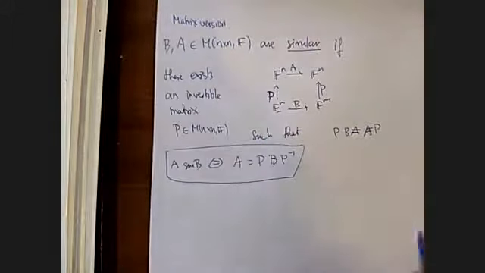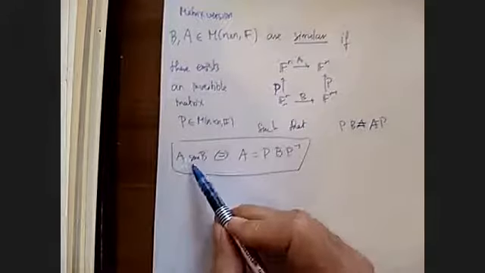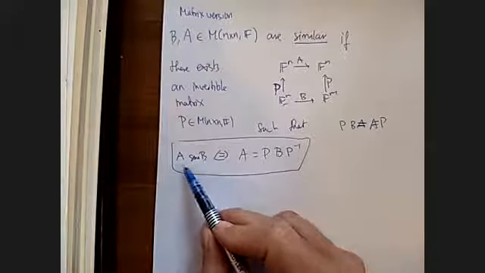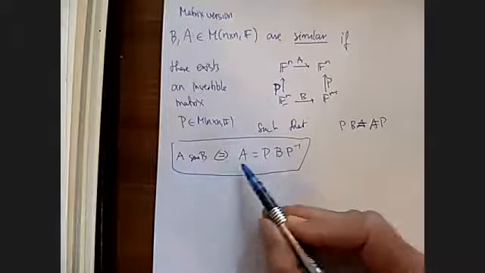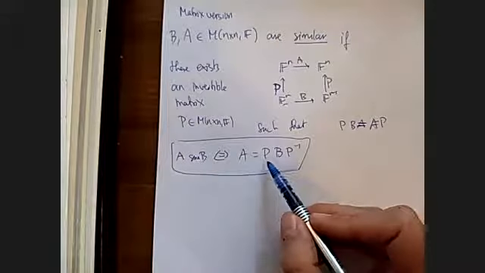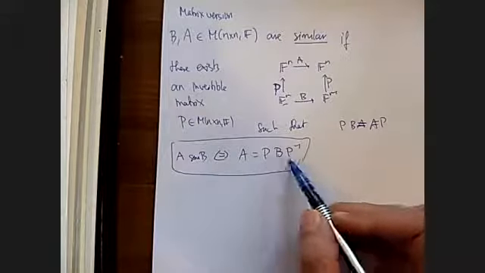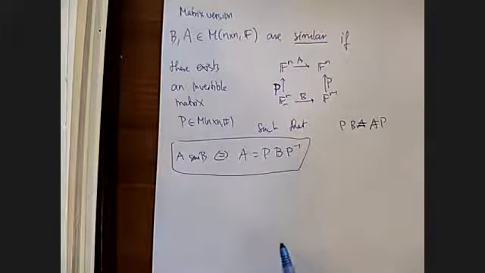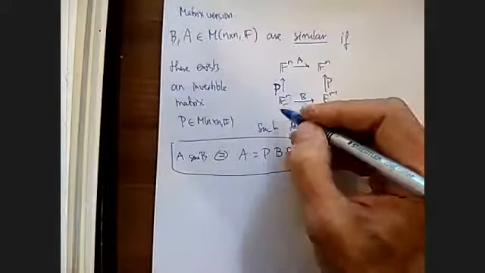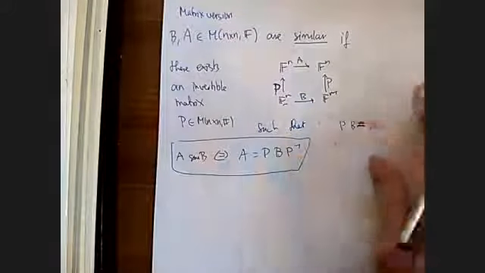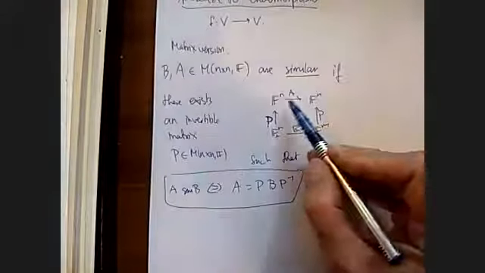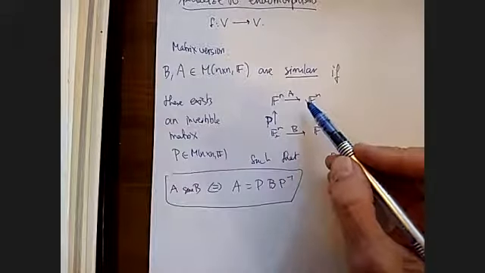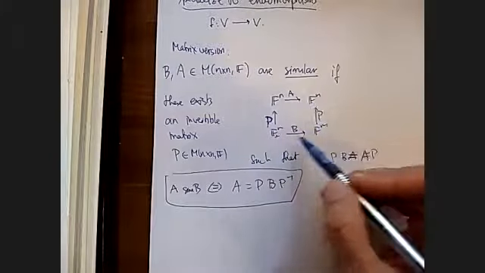Right, so in this case, the matrices are similar, so they're equivalent, if I can get from one to the other by multiplying on the left and right with the same matrix. I'm not allowed two different matrices, but they have to be the same matrix. So this is the kind of situation we were considering when we had an arbitrary square matrix and we were trying to diagonalize it.